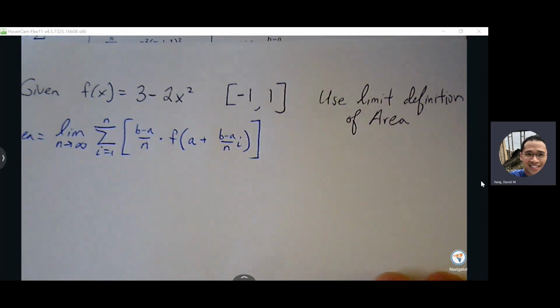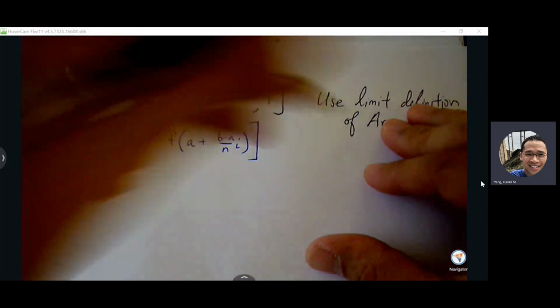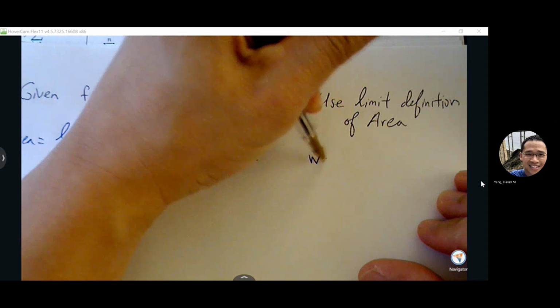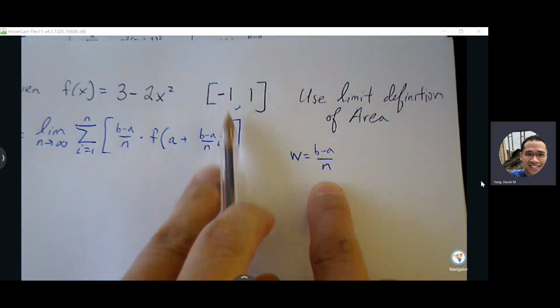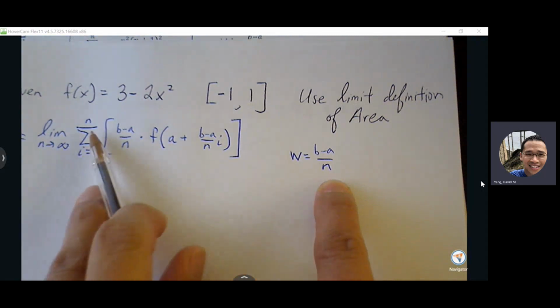Okay, so we start off by finding our b minus a over n. This time we're not going to replace n with anything because we're going to push n out to infinity.